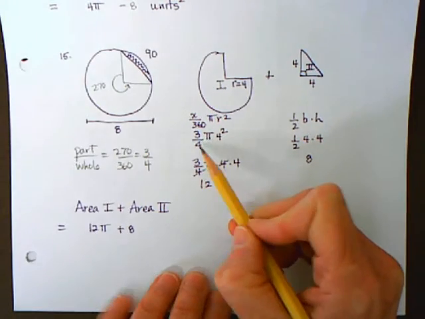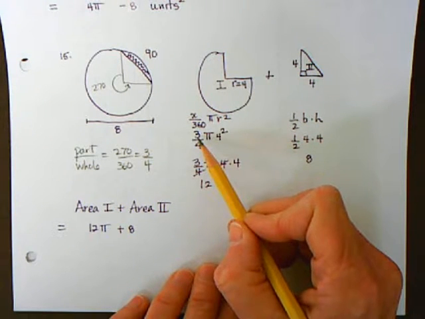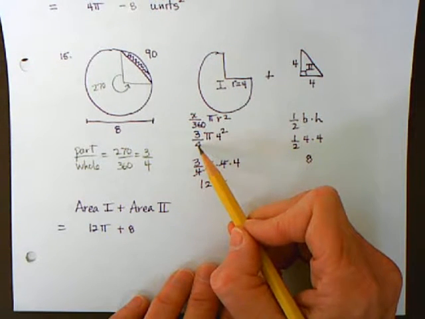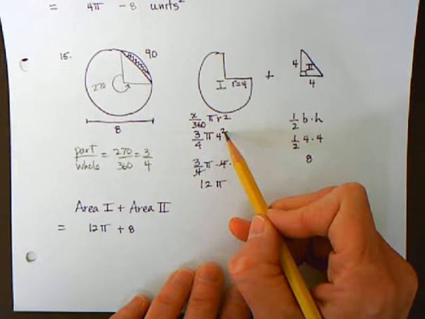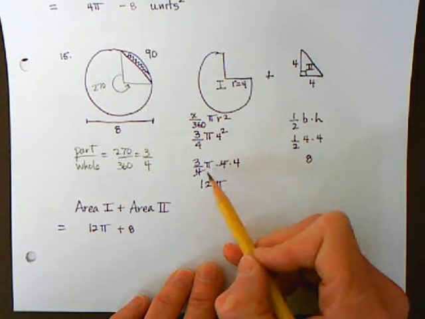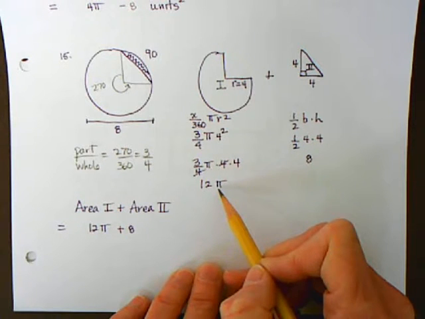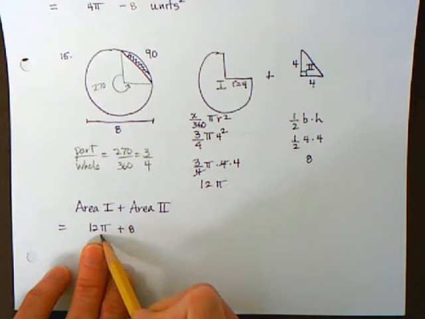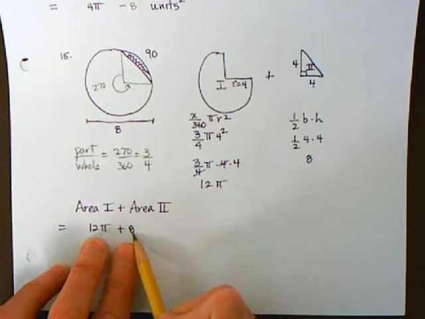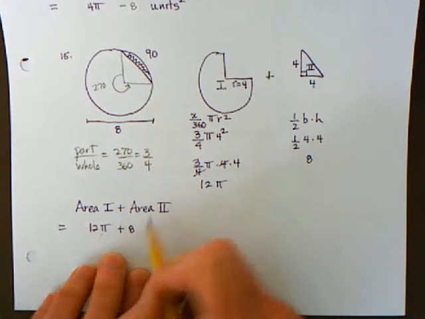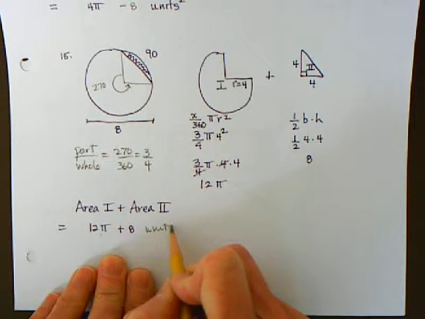So 3/4 is the proportion of the circle that I need, times pi times r squared, 4 squared. Cancel one numerator with one denominator, and I'm left with 12 pi. And so I have to add area 1, which is 12 pi, to area 2, which is 8. So 12 pi plus 8 units squared, always.